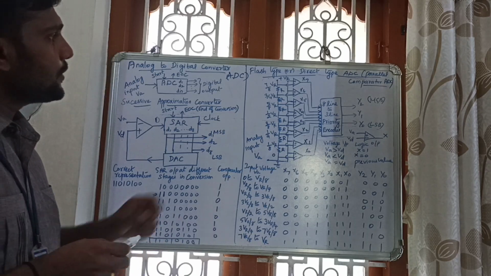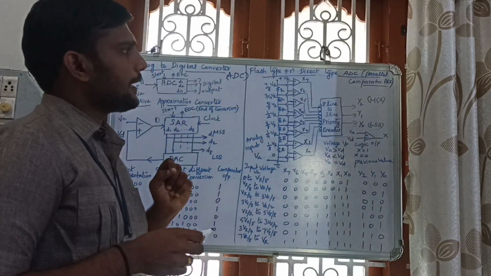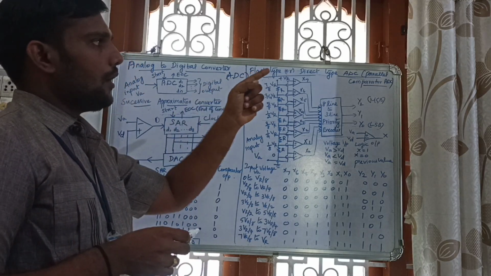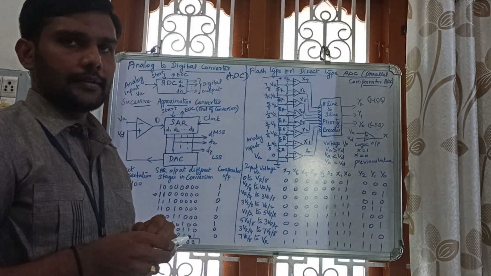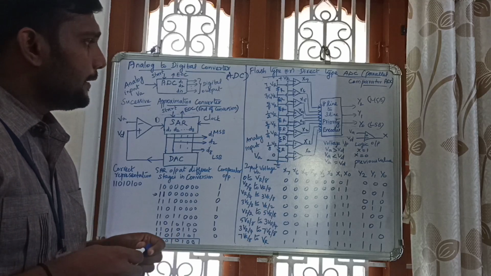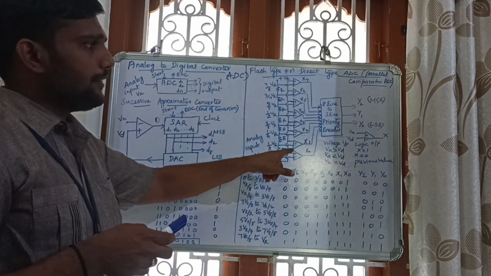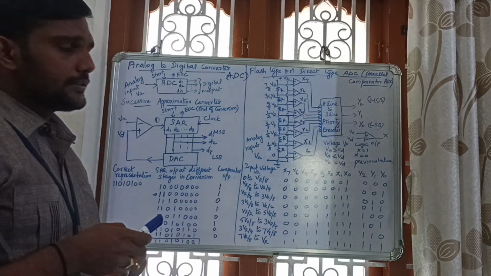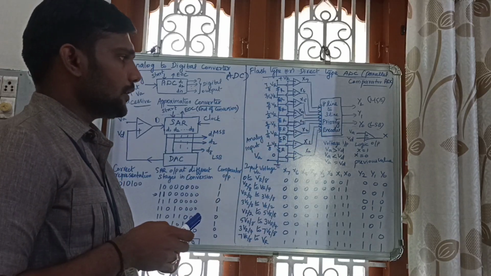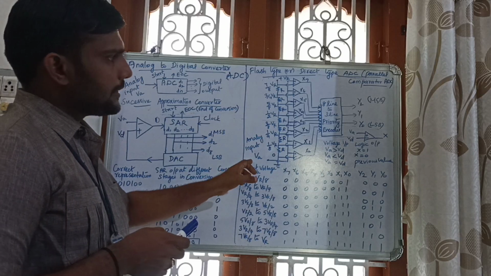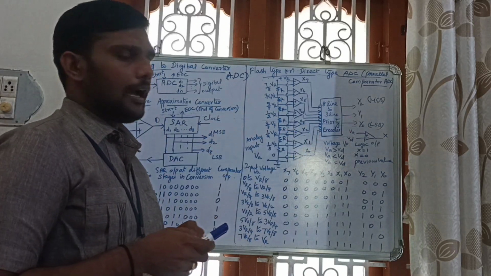Next one is the flash type or direct type ADC, or parallel comparator ADC. Here it consists of operational amplifiers and an 8-line to 3-line priority encoder. The analog input is given, and the digital output will be obtained.